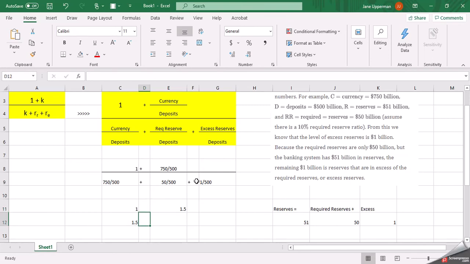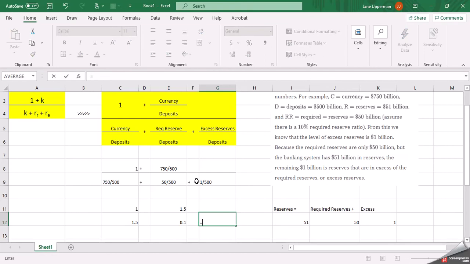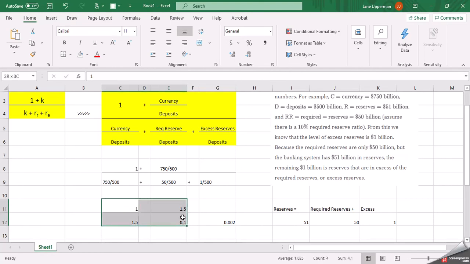Then 50 divided by 500 is 0.1, and 1 divided by 500 is 0.002. These are all going to be added together and set over each other.